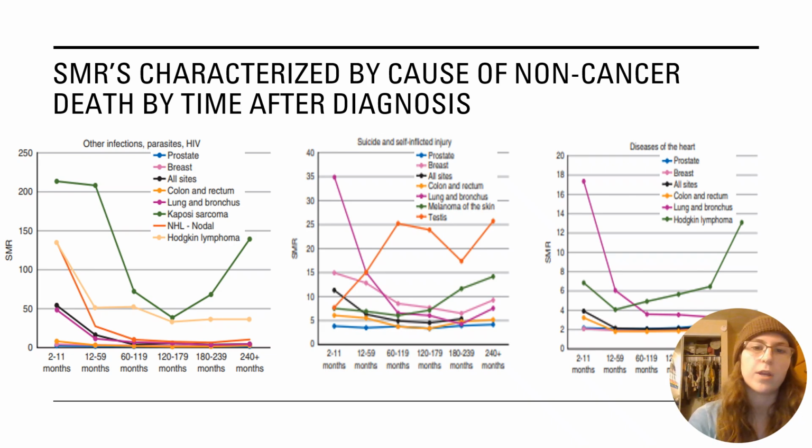A lot of men with testicular cancer will end up developing erectile dysfunction or infertility, so just a general decrease in their quality of life. And then for the diseases of the heart, it does follow a more normal trend of the other graphs, but for Hodgkin's lymphoma, there is more of an increase a good bit after getting treatment. Again, it's just from the lasting effects of treatment on the body.